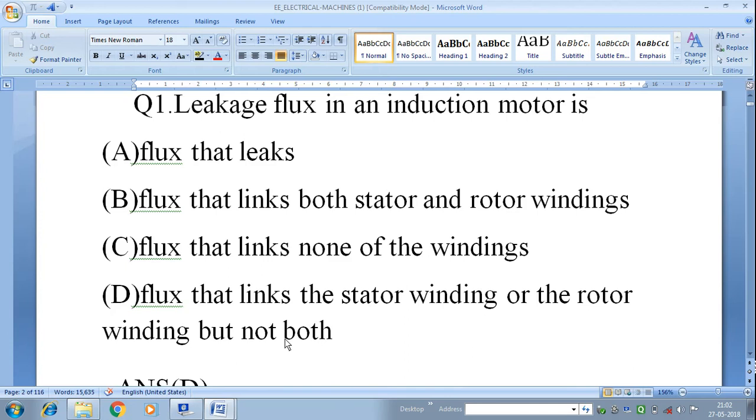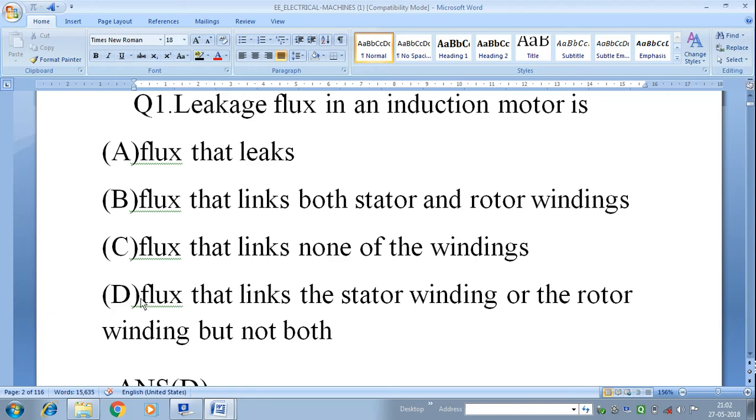As they are not linked with both the windings, that flux is called leakage flux. Due to that, the loss occurs in the machine. Therefore that is called leakage flux.